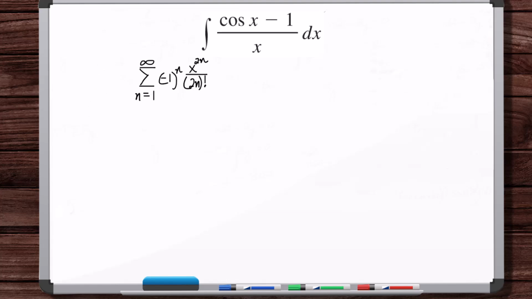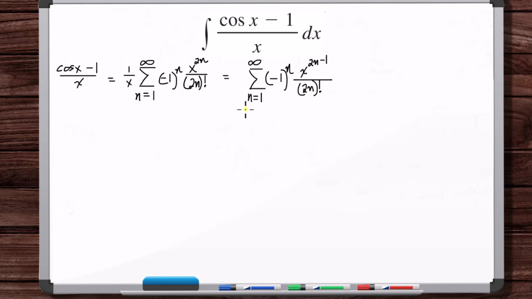We could just multiply that by 1 over x. Now we bring that in. You've got x to the minus 1, so that's x to the 2n minus 1 over 2n factorial.